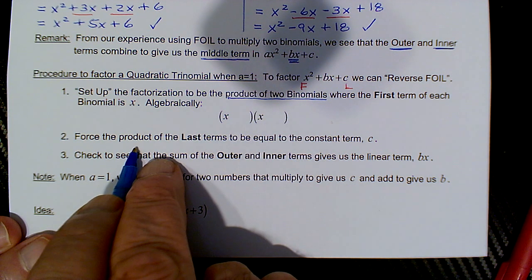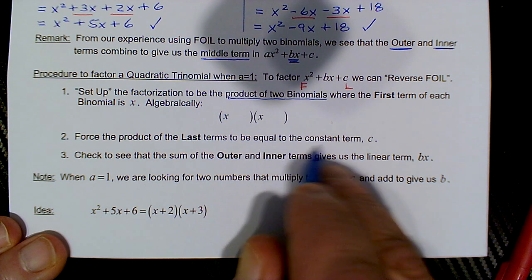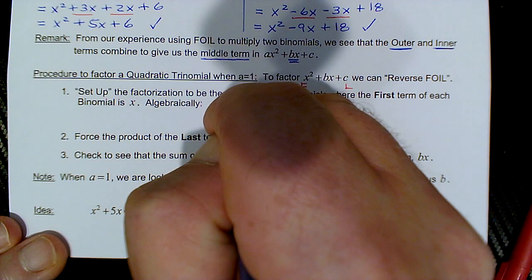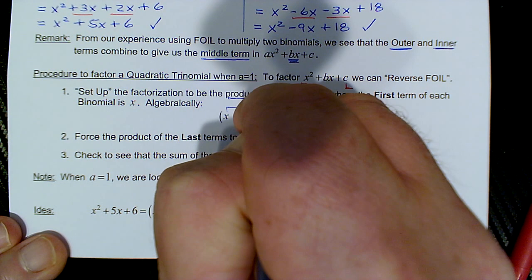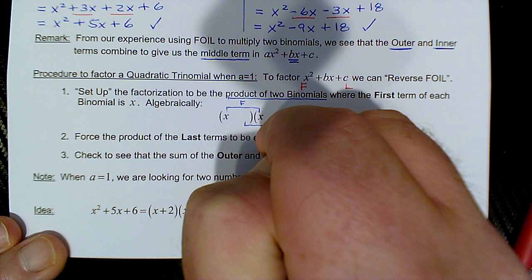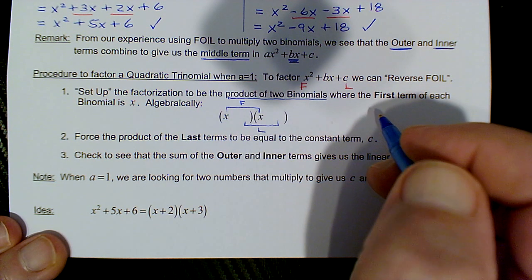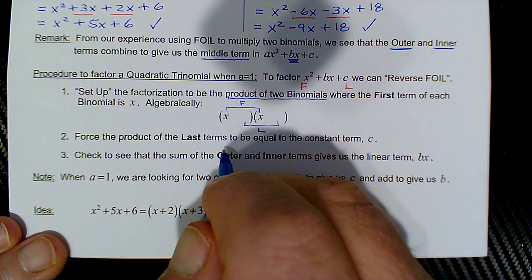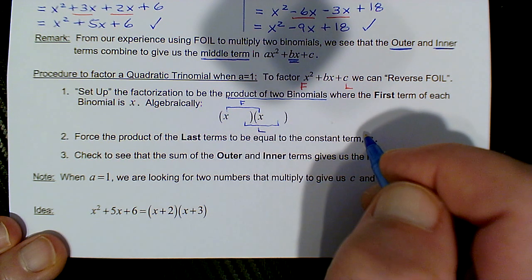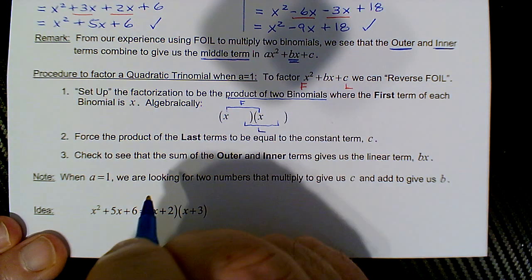And then we force the product of the last terms to be equal to the constant term c. So again, this is the product of the first. These numbers here will be the product of the last. And we're just going to force that product to be equal to that term c. And then we're going to check.